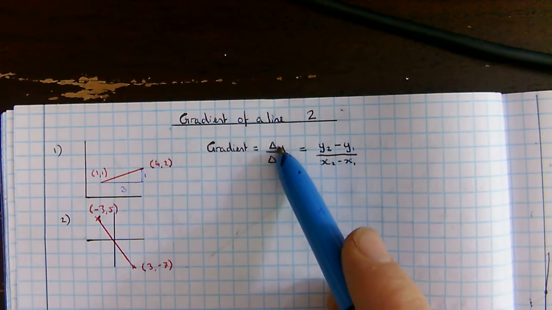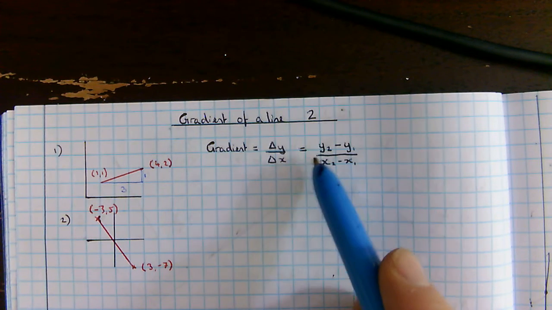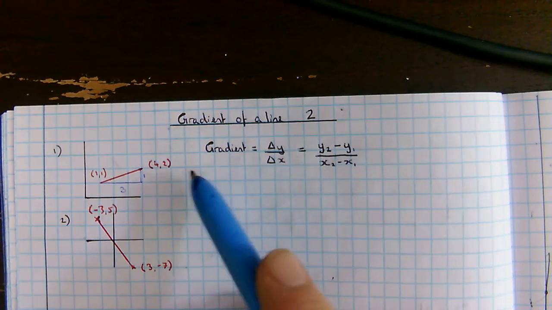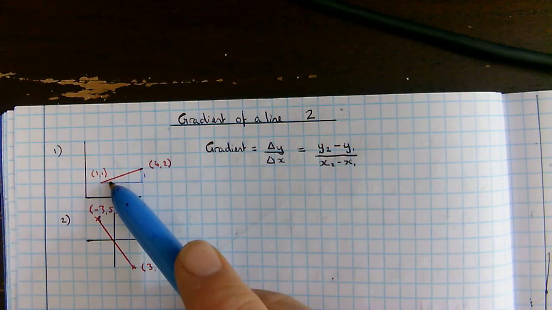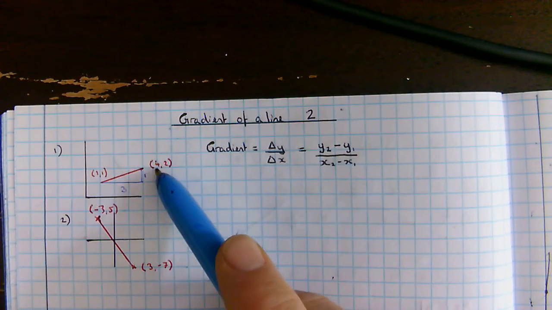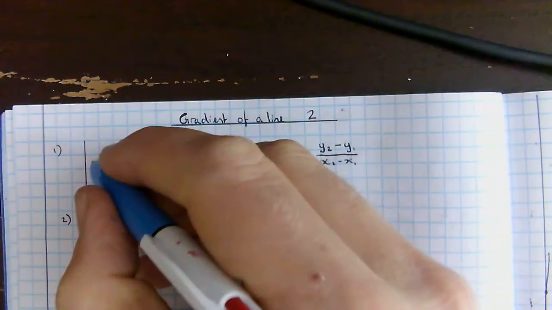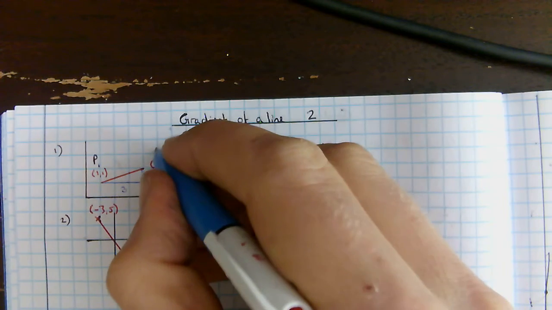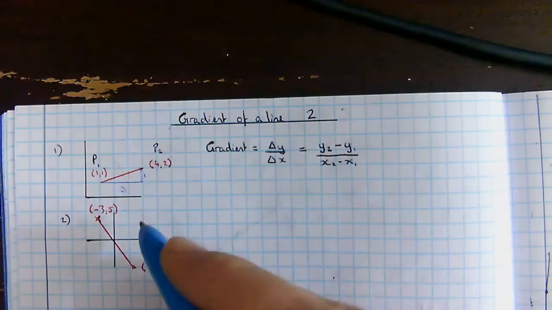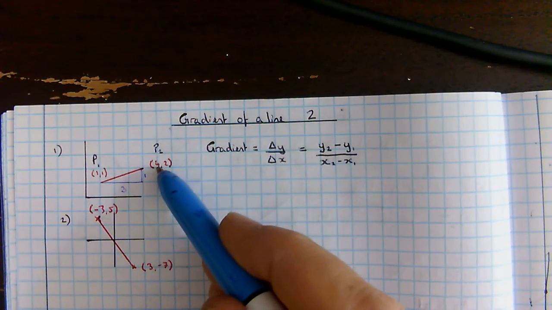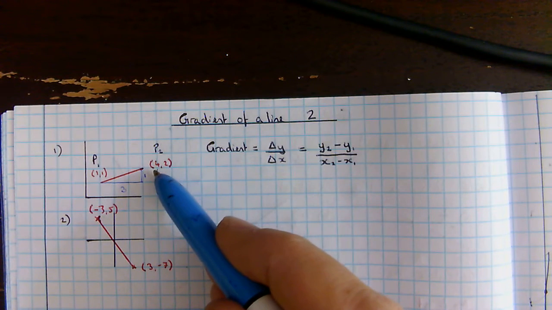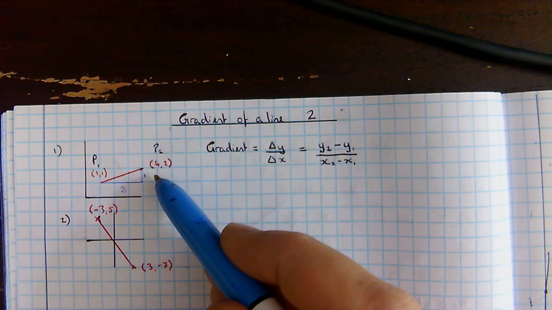It's the change in y divided by the change in x, the y-coordinate of point 2, take away the y-coordinate of point 1, divided by the x-coordinate of point 2, take away the x-coordinate of point 1. So, I can simply, here, label this one as point 1, this one as point 2. It tends to be easier to make the point with the higher x-coordinate, the point to the right, point 2, because otherwise you're going to end up with lots of negative numbers.